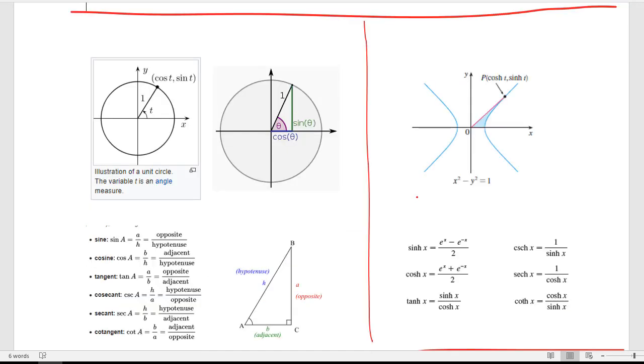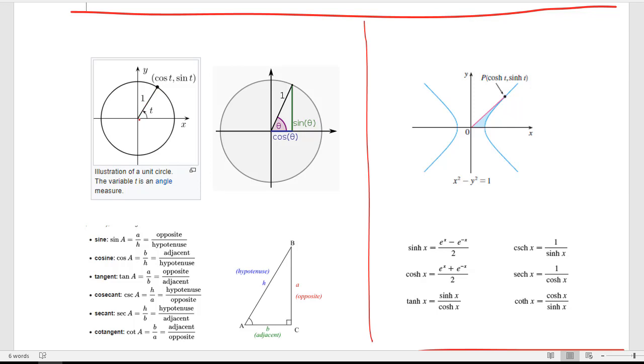Now, to compare the trig functions sine and cosine to the hyperbolic sine and hyperbolic cosine, if we think back to a trig class, there were a couple of different ways we visualized them. If we looked at the unit circle, a circle of radius 1, the x-coordinate of any point on the circle is the cosine of the angle between the x-axis and the terminal side.